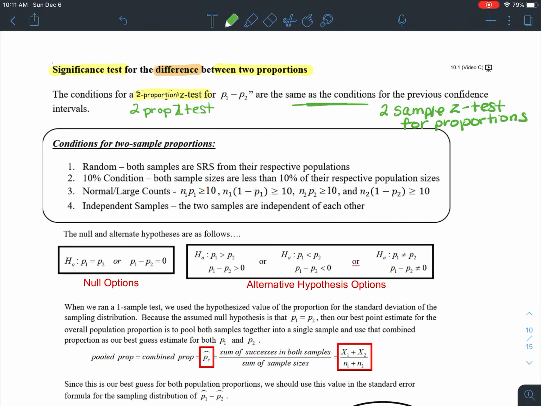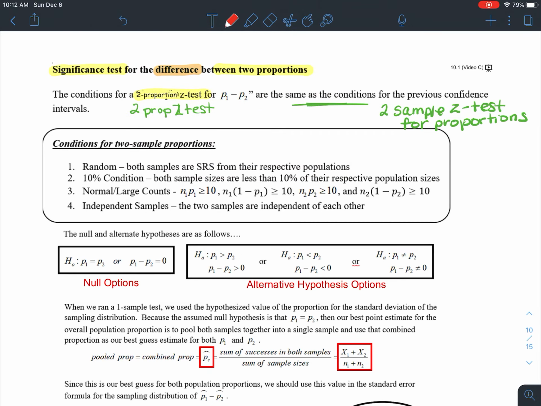It could also be named this way if you were listing the name of it on a free response question. The reason I tend to gravitate more to calling it a 2 proportion Z test is simply because that is how it is labeled on the calculator screen. So if you were going to use the calculator feature for this, it's nice to use the same labeling as you would expect to see in the menu on the calculator.